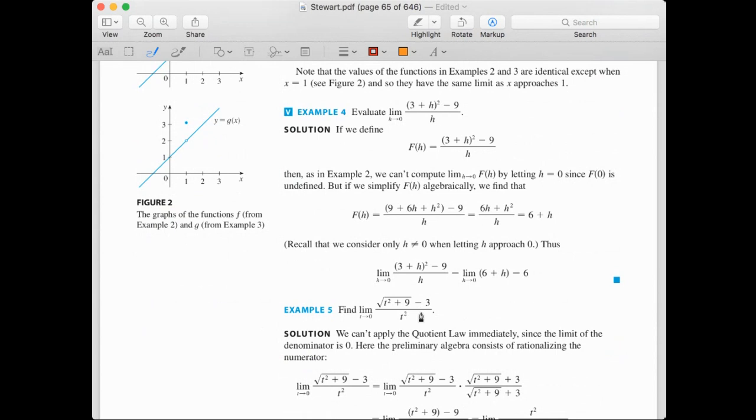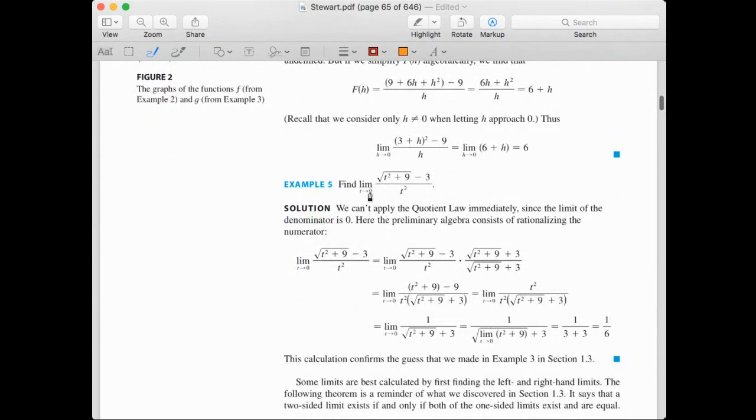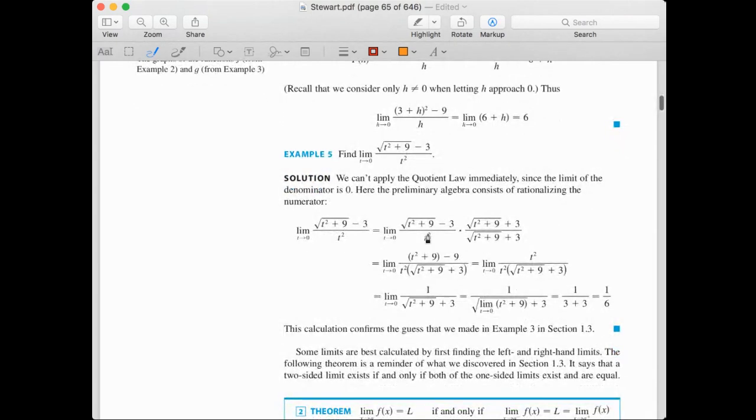To find the limit of this one, we use the conjugate again. t equals 0 is not in the domain of this function, so we multiply by 1. We think about a squared minus b squared: if we have a minus b, we multiply by a plus b to get a squared minus b squared. So we get the square root squared minus 3 squared, so t squared plus 9 minus 9. 9 minus 9 becomes 0.